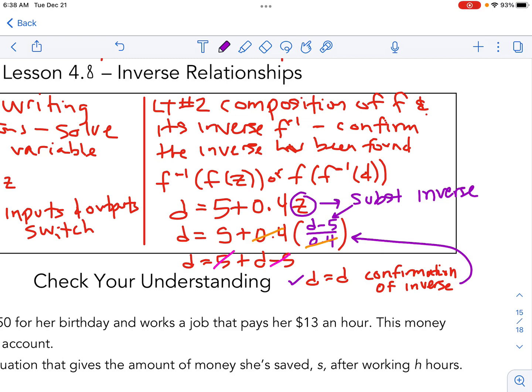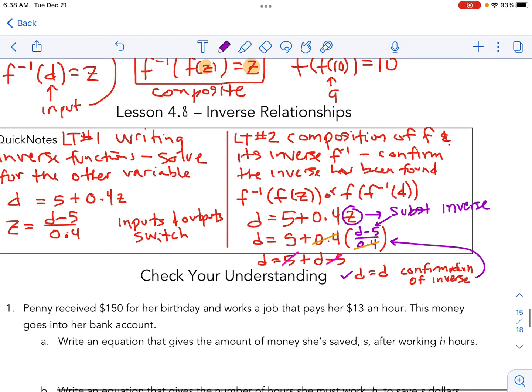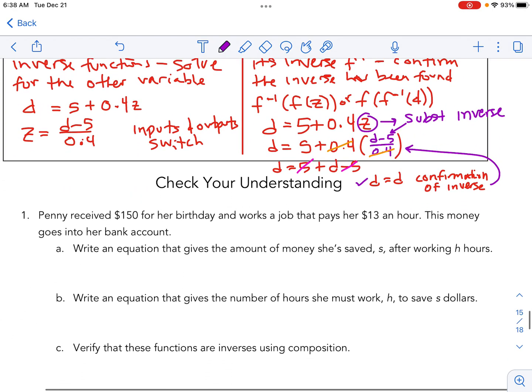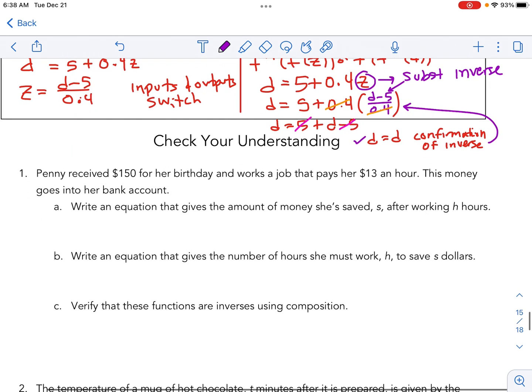I got a statement that basically says the independent variable maps back to the independent variable when I do that composite. So what we're going to do in check your understanding is you're going to practice writing a function, writing its inverse, and then doing that verification. So this is like a number 1 and a number 5 and a learning target number 2.